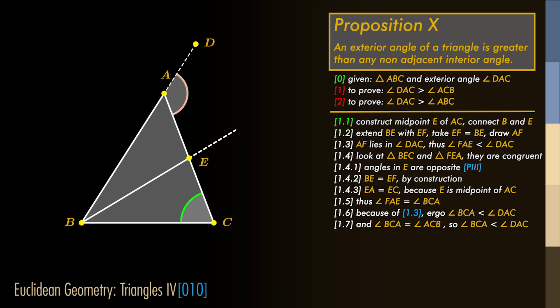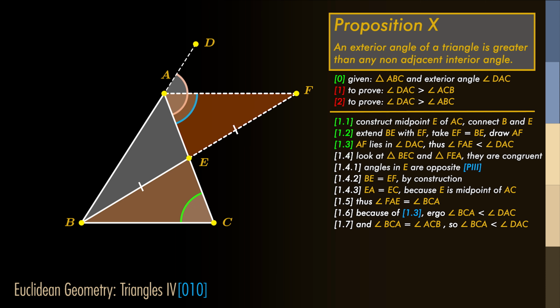After this, we extend BE with EF, where EF is equal in length to BE. Then draw AF. Now, AF lies inside of the angle DAC. So that means that angle FAE is smaller than angle DAC.